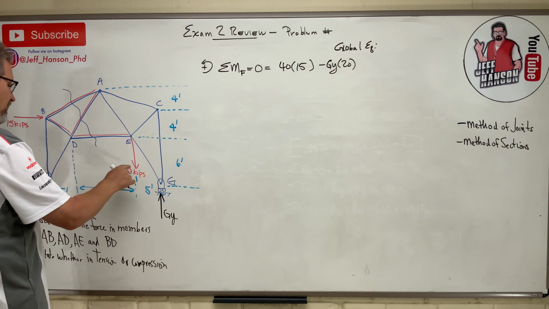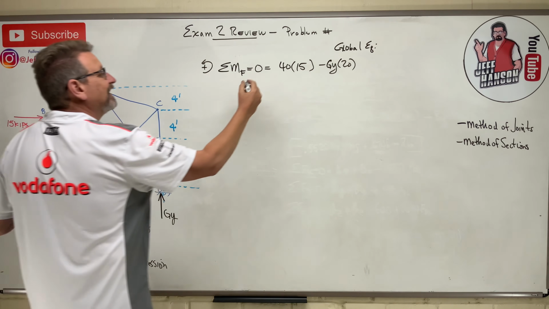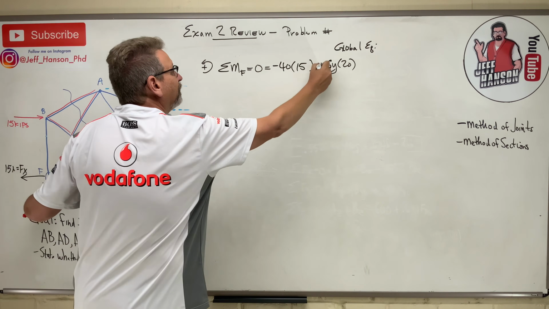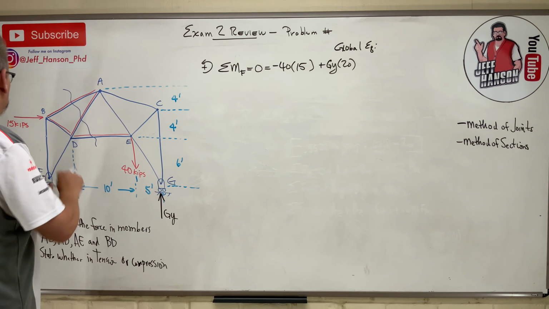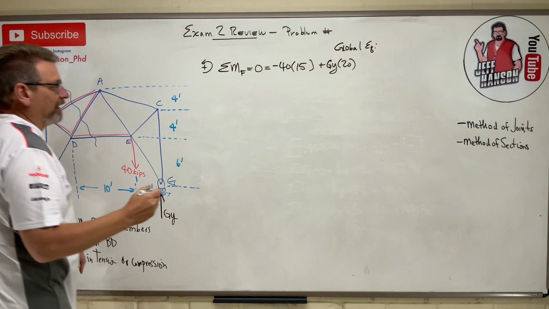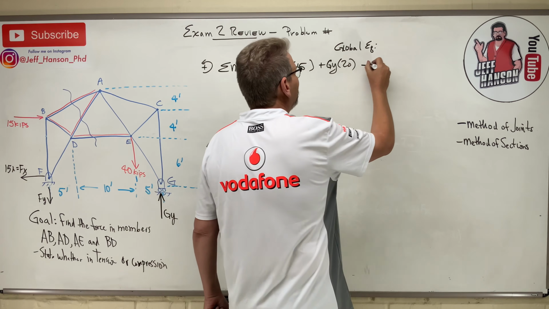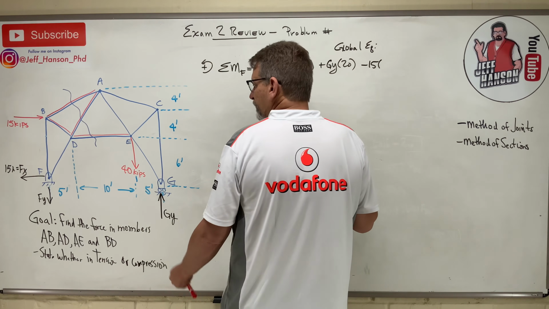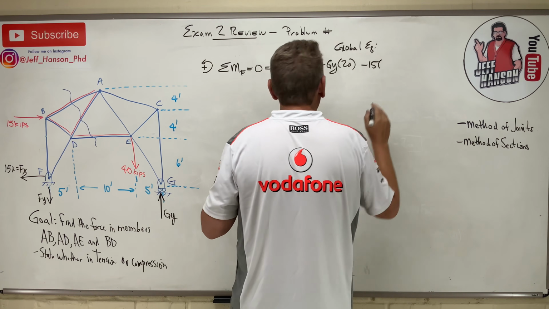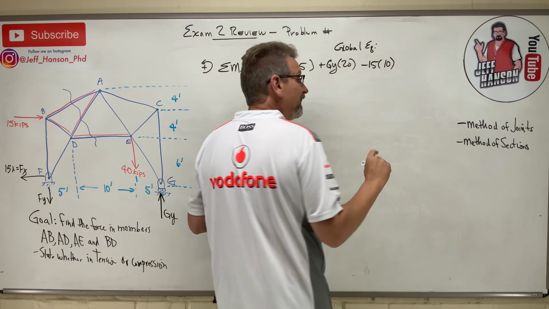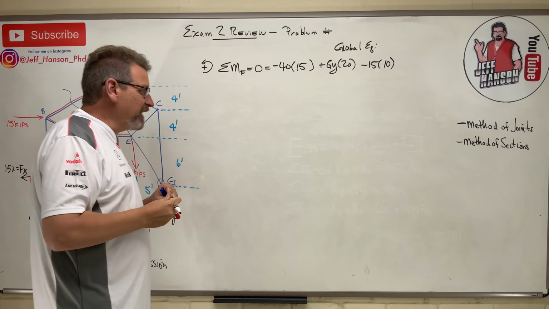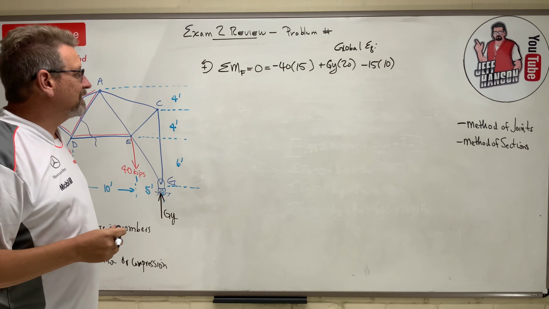Wait a minute. I did that backwards, didn't I? The 40 rotates me clockwise. He's negative. The GY is positive. And then the 15 also negative. Okay, there we go. Minus 15 times perpendicular distance, 6 plus 4, 10. I could hear y'all screaming, "You're getting it wrong." I'm like, yes, I am.